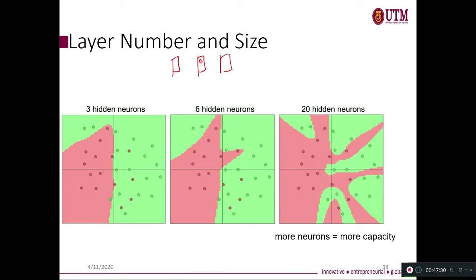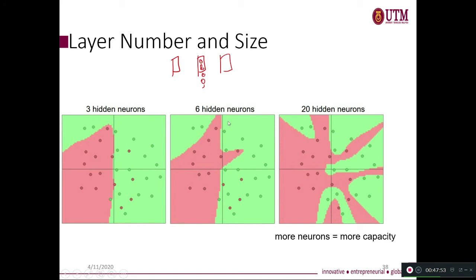The first one is 3, this one is 6, meaning there are 1, 2, 3, 4, 5, 6. This one is 20, meaning there are 20 neurons inside the hidden layer. So by increasing the number of neurons inside the hidden layer, this happens.